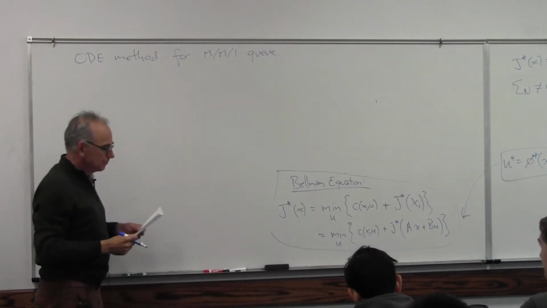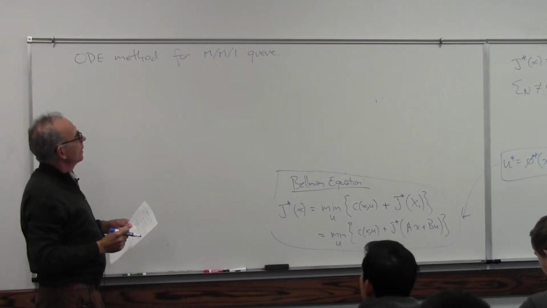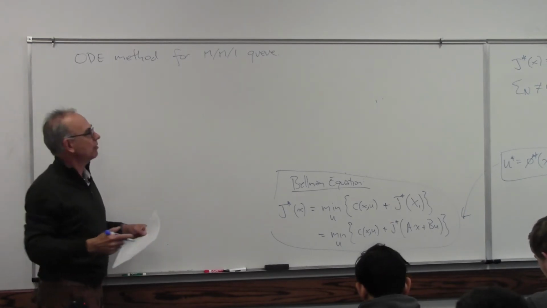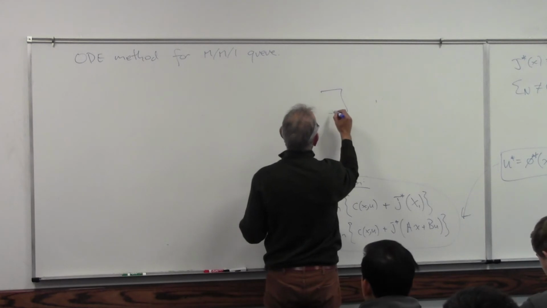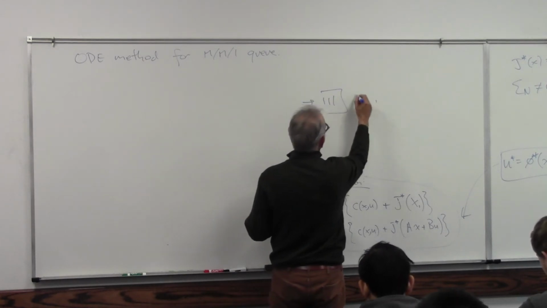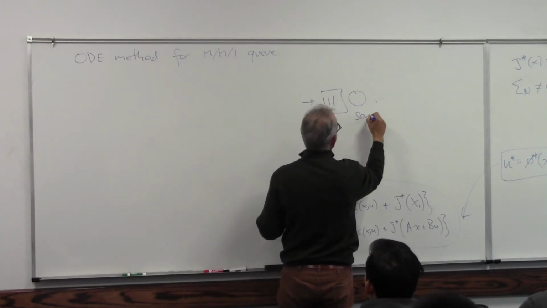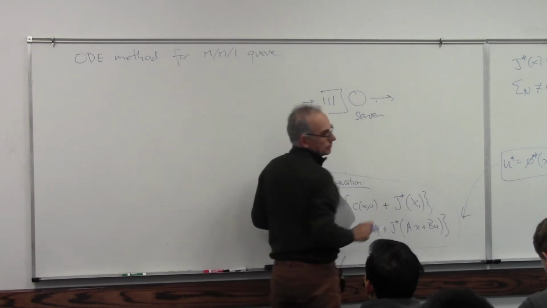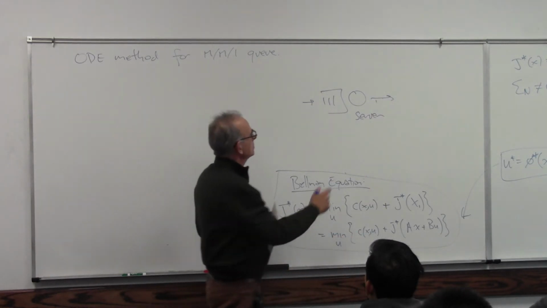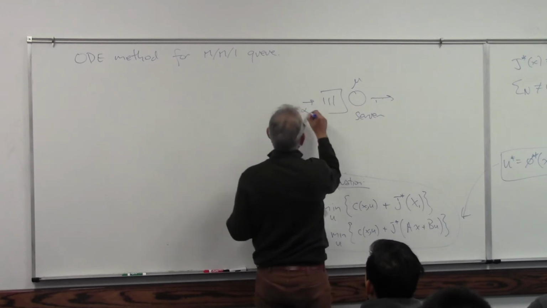Okay, so here's an M/M/1 queue. It's just basically people lining up in a bank. You've been to a bank. People come in, they get served, and then they leave. And there's some service rate, and there's some arrival rate.